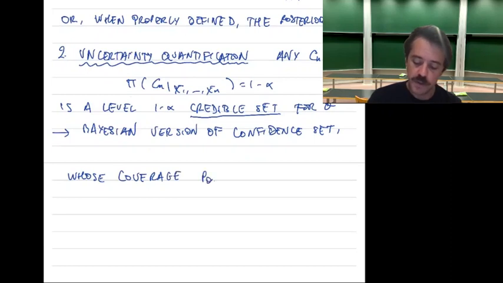And what do we mean by that? I'll remind you that this is the probability under theta naught being the true parameter that theta naught belongs to C n, yeah?